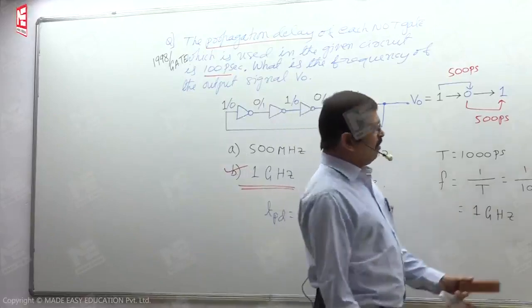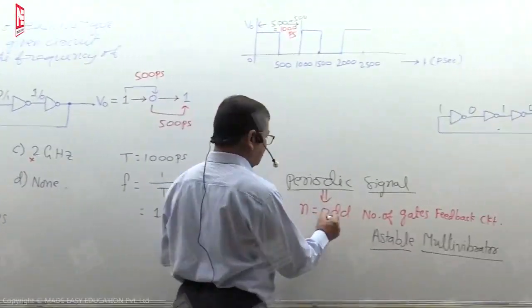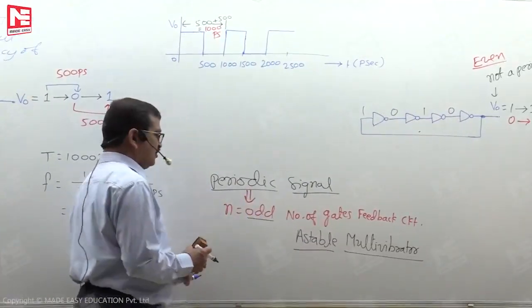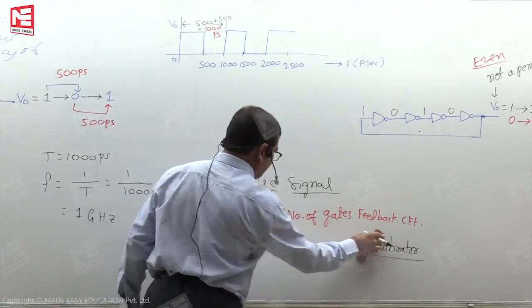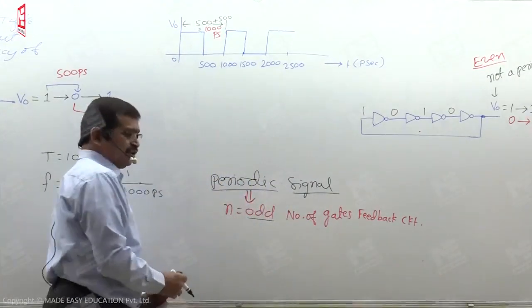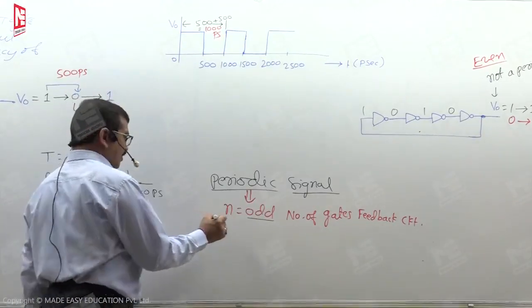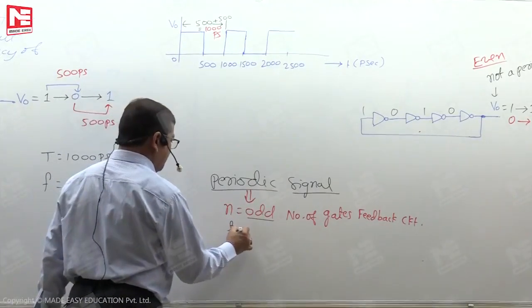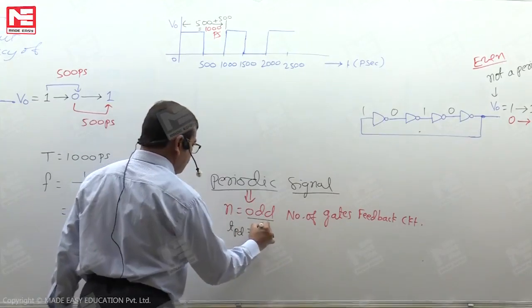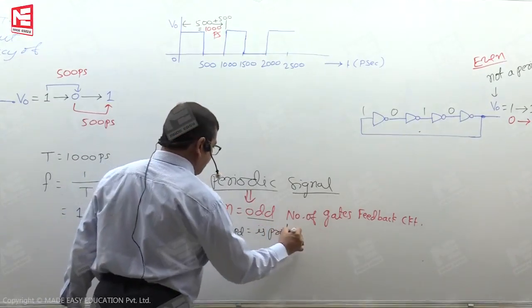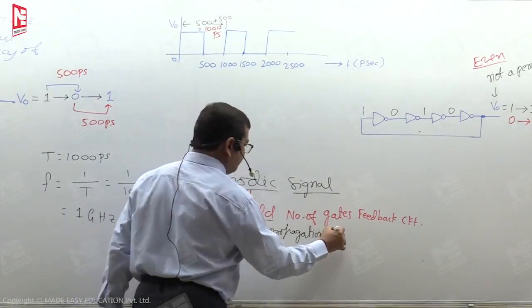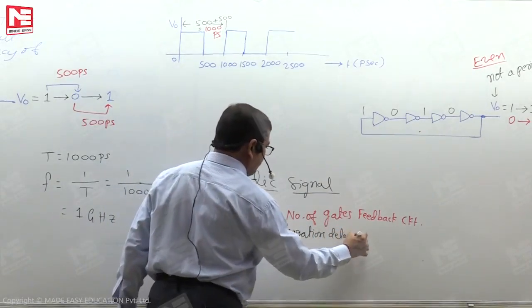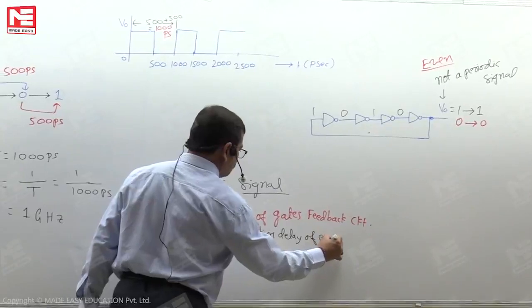Now, having an odd number of gates, a general formula if you want to look at for frequency calculation, assuming TPD is the propagation delay of each NOT gate.